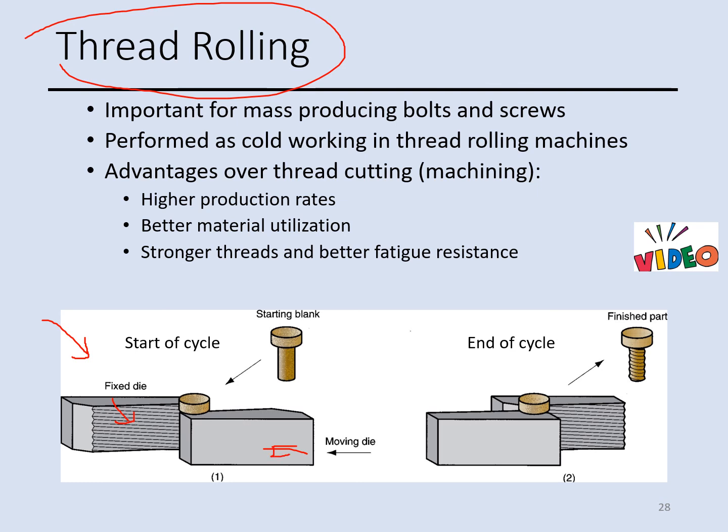So it forms thread on the cylindrical shape. This process is important for mass production of bolts and screws. It can be performed as a room temperature cold working process. The advantages are a higher production rate, and the threads made this way can be stronger, and they are better for fatigue resistance.